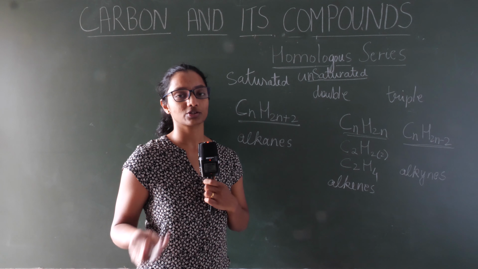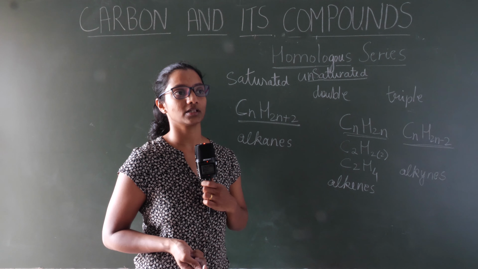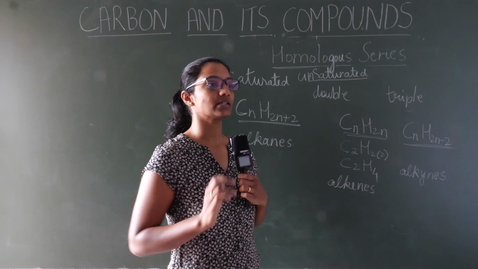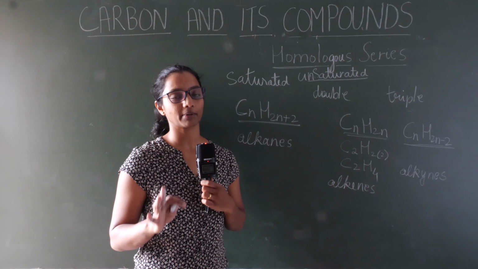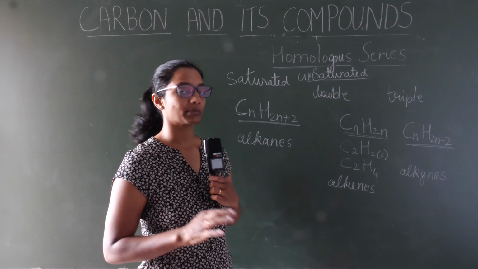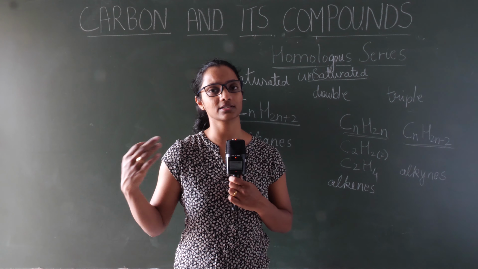It can be a ketone, it can be aldehyde, it can be chlorine, bromine, it can be carboxylic acid, and the properties of it completely depend on the functional group attached to it. So the chemical properties are similar, they don't change irrespective of the size of the carbon compound, even if it is small or it is big.